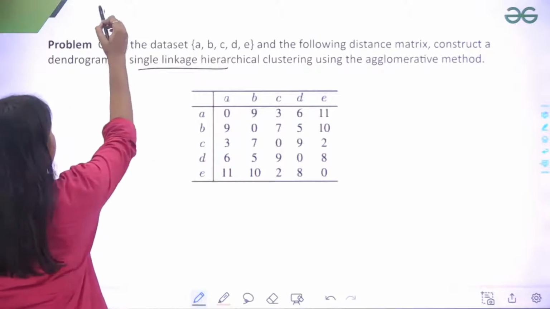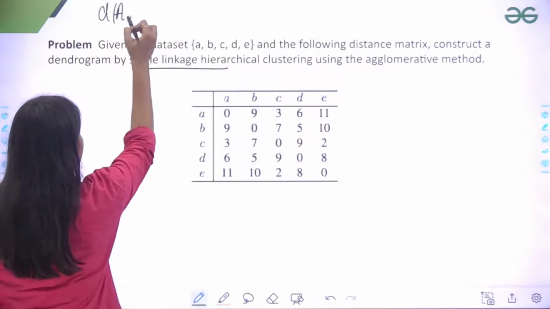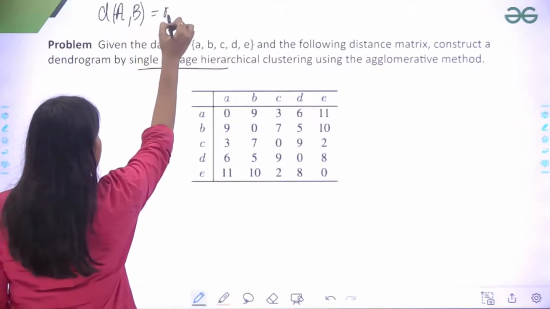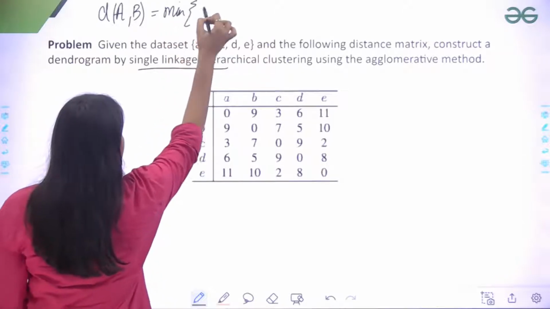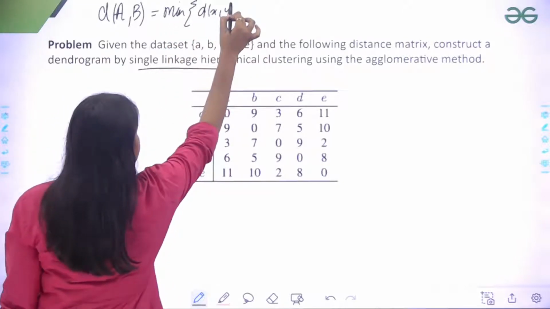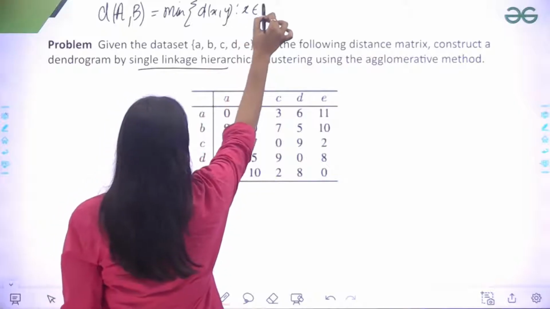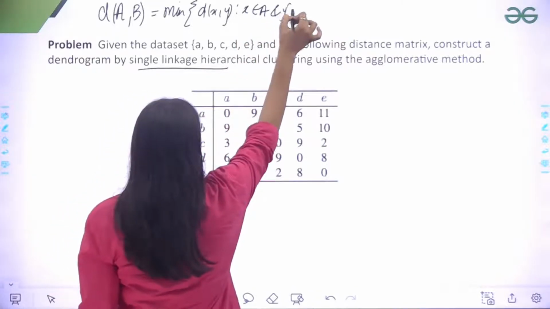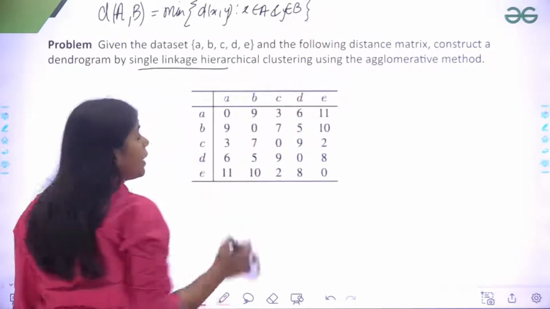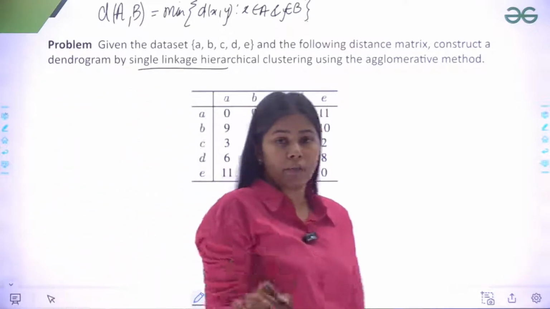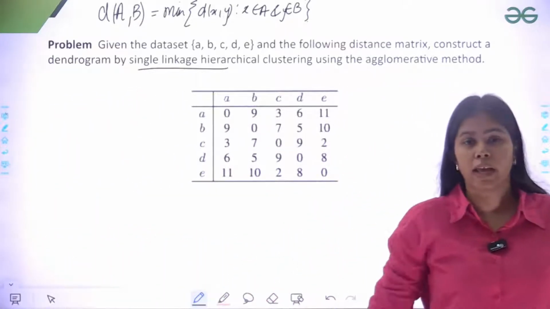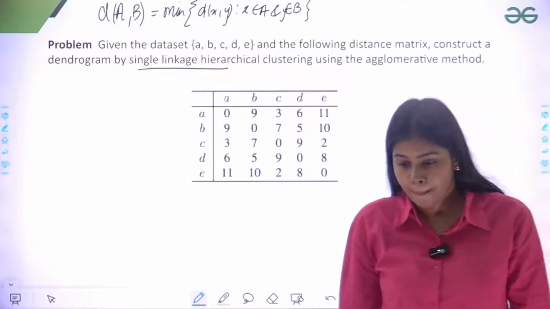So to take distance between two clusters, I have to take the minimum distance d(x, y) such that x belongs to A and y belongs to B. In the previous video, I worked on complete linkage clustering, where I took the maximum distance.